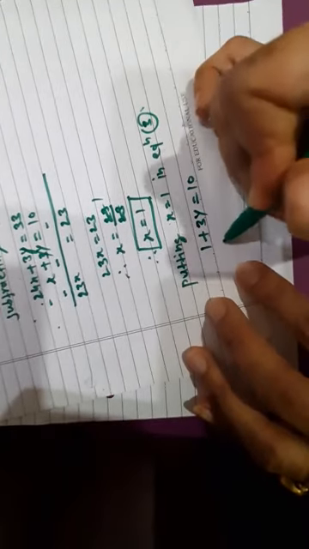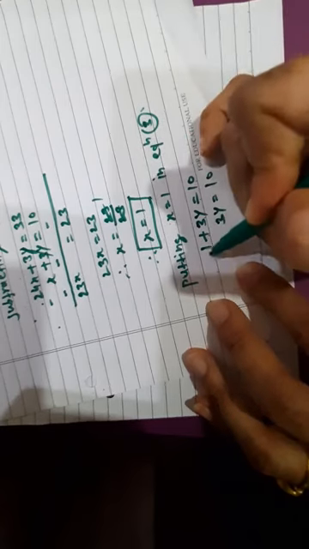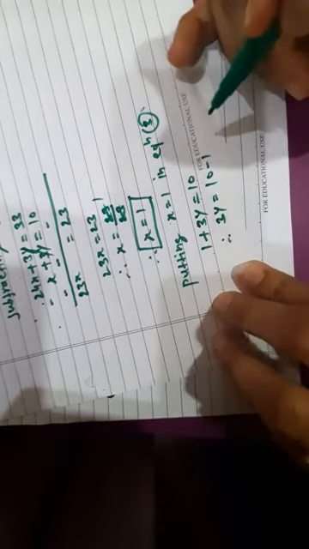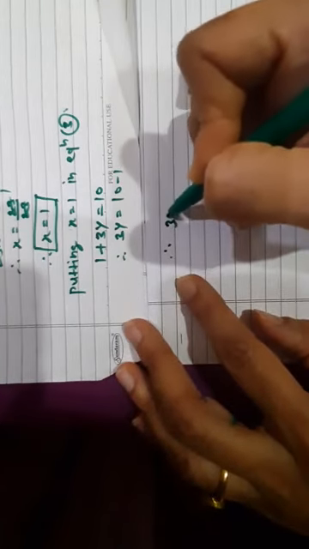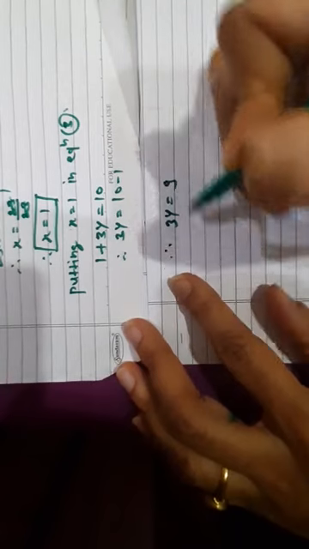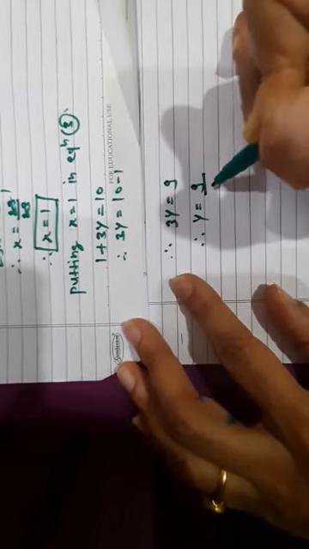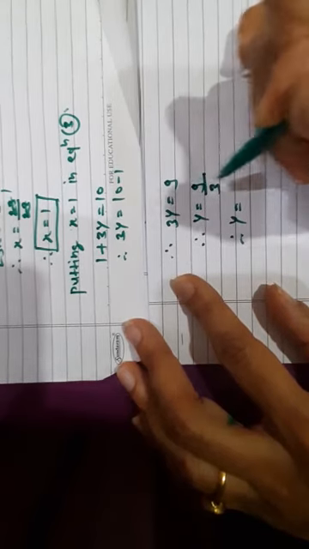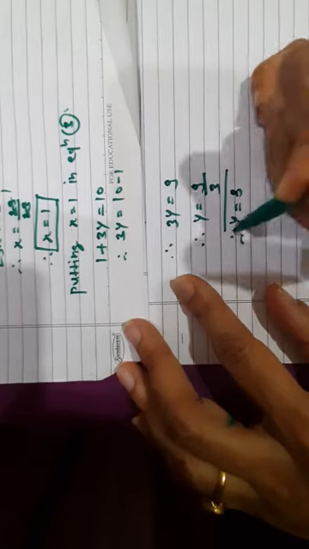Therefore 3y is equal to 10. This plus 1 becomes minus 1 on the right hand side. Therefore 3y is equal to 9. Therefore y is equal to 9 upon 3. Therefore y is equal to, 3 3s are 9, that is 3. Therefore the value of y is 3.